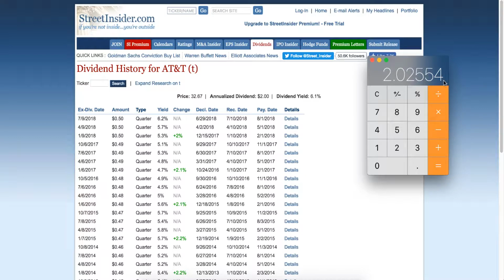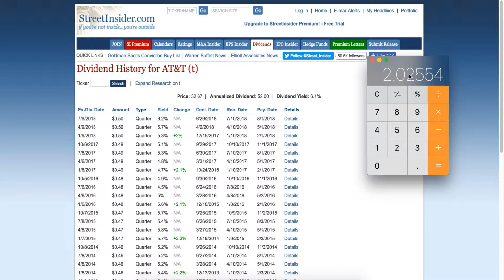Now this is basically going to be fixed. I mean there are increases, but it's fixed per quarter. It may be a little bit higher if the company comes back with a raise. But let's say that we know that for the next year we're going to be getting this amount back.